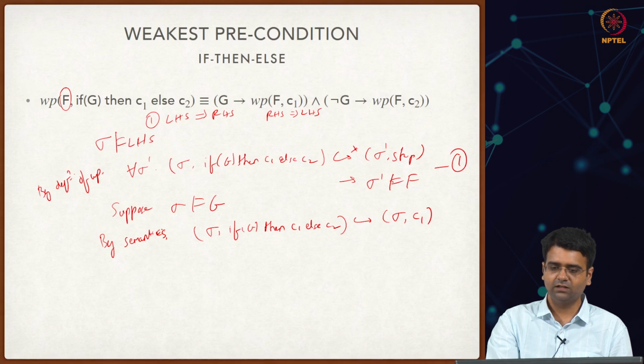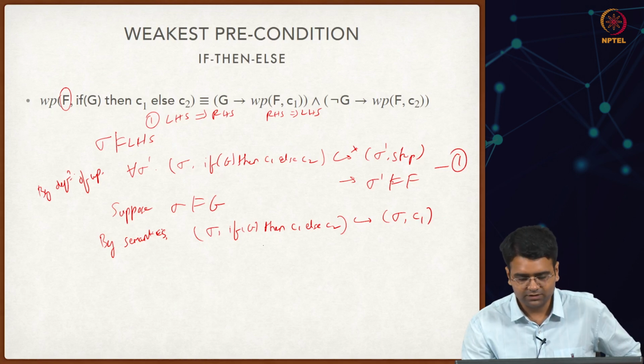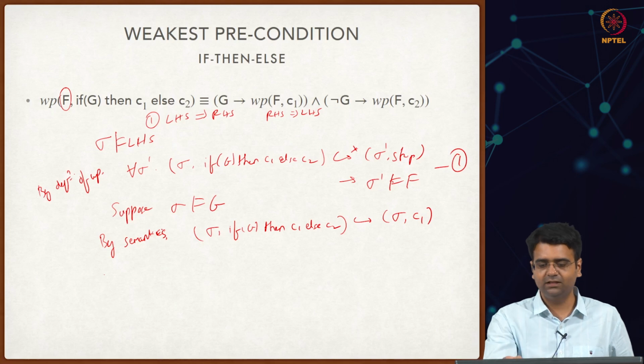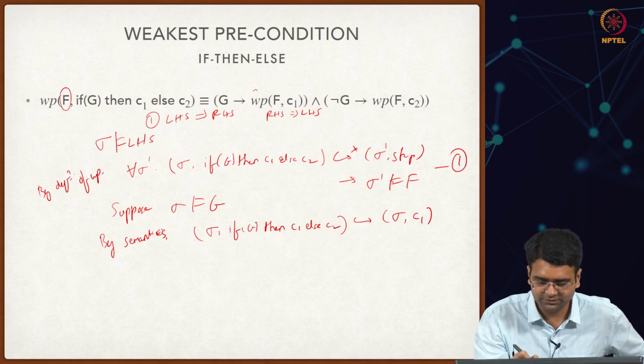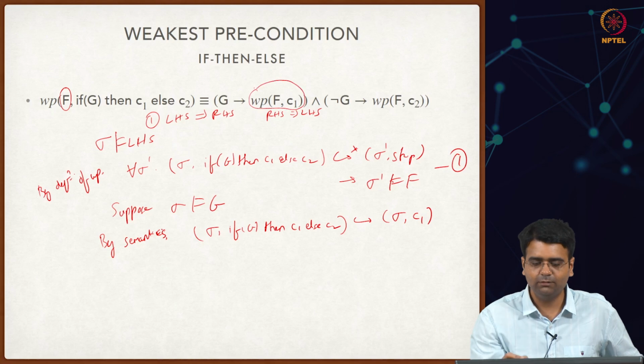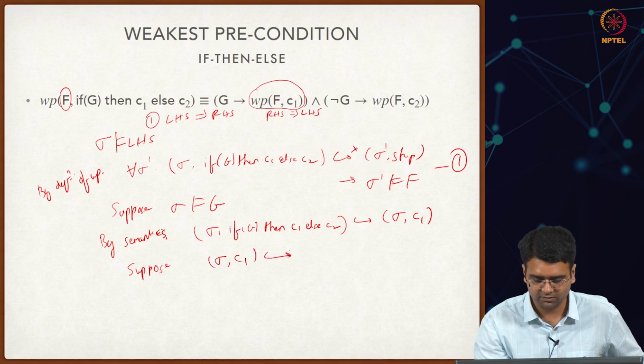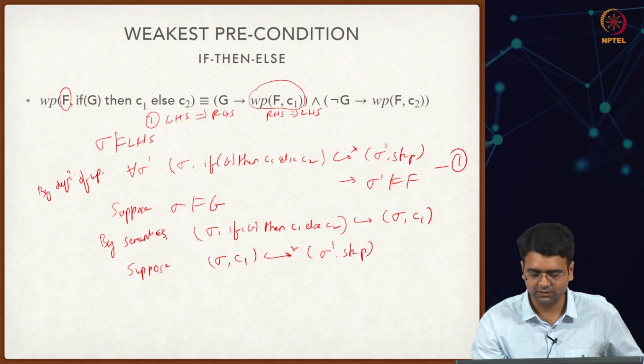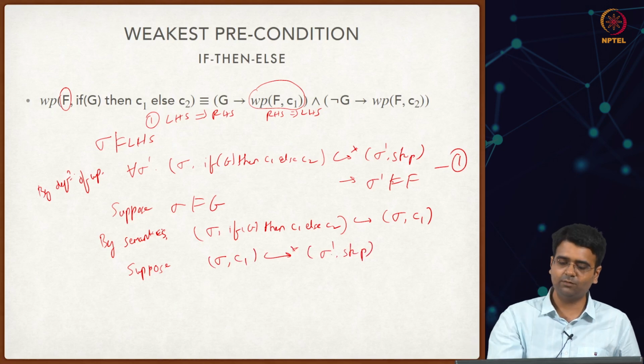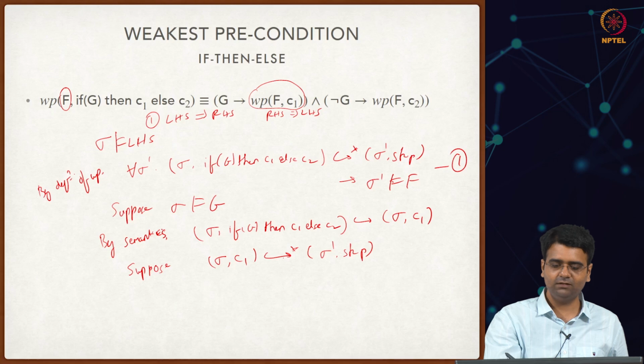Now I need to show that sigma is a model of this particular thing, which is WP F comma C1. Suppose on executing C1 on sigma, I reach some state, let us call it sigma prime. So consider some arbitrary sigma prime such that on executing C1 on sigma, I reach that state sigma prime.